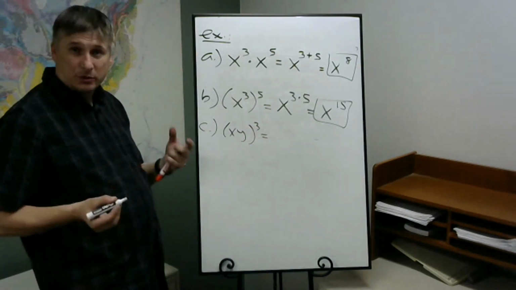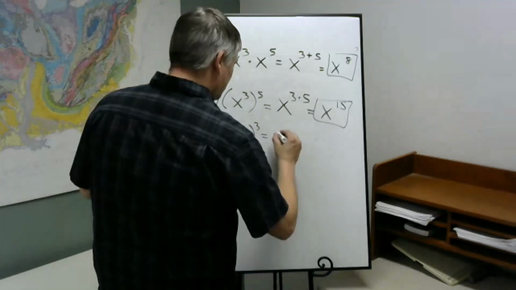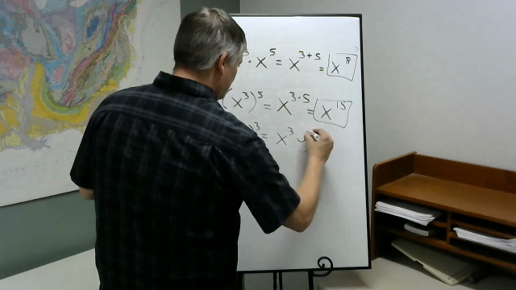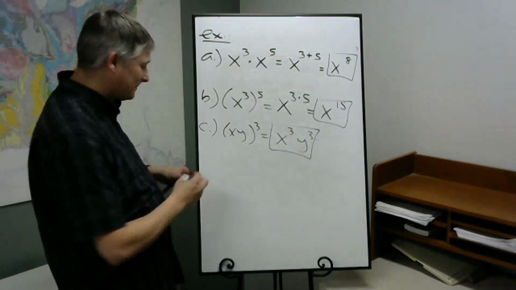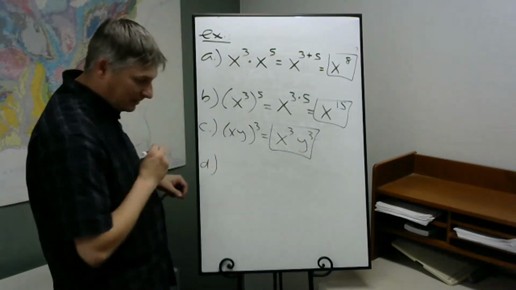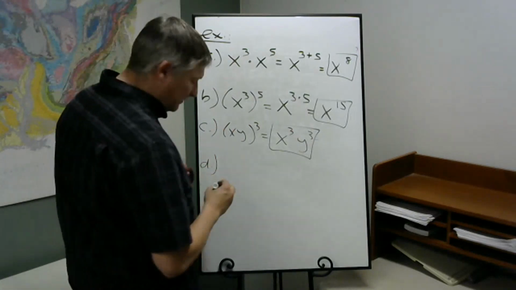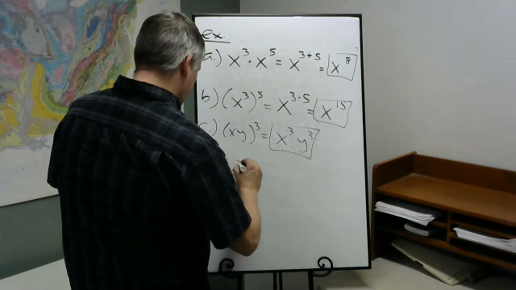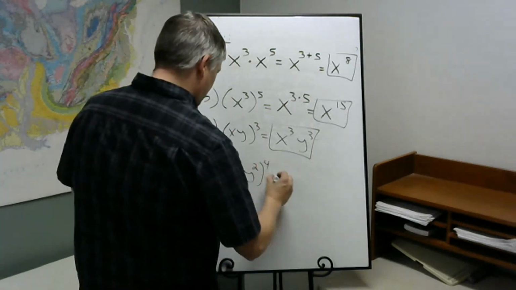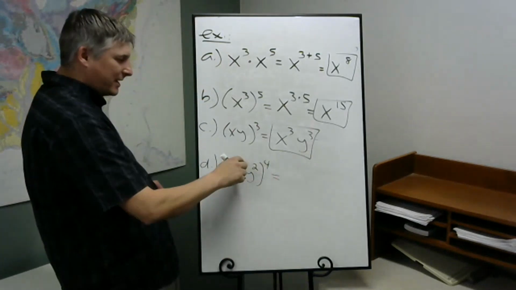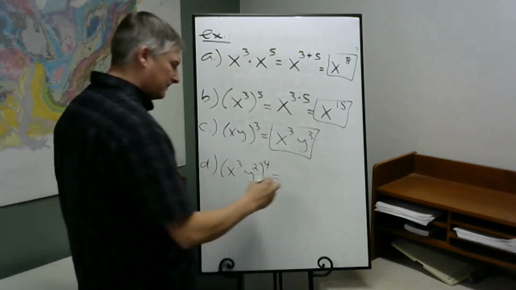With this one, we just distribute the exponent as an exponent. And that's going to give us our answer. And then for this one, we'll distribute it as an exponent to the exponents.